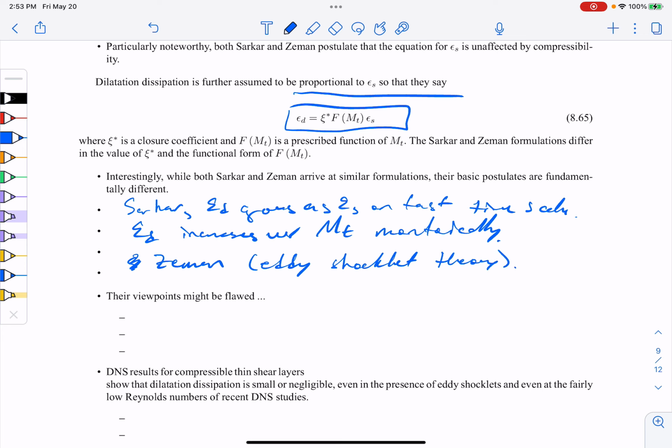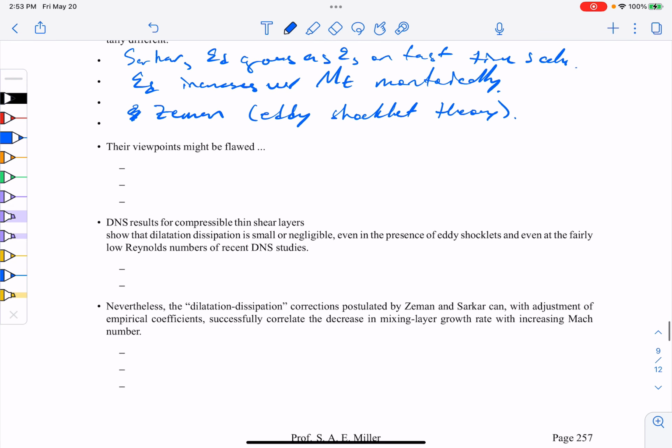And their analysis predicts that there's some sort of threshold below which dilatation dissipation is negligible. This viewpoint might be flawed for reasons which are maybe beyond the scope of this lecture.